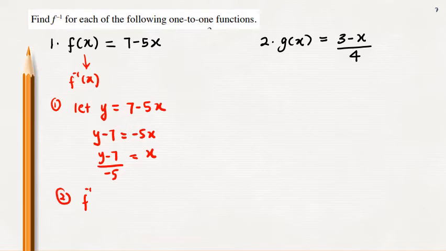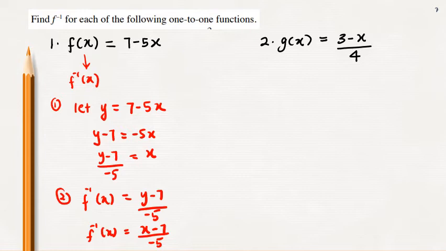So f inverse x, you kena jadikan this one y minus 7 over dengan negative 5. Oleh sebab kita punya function adalah x, y ni you kena replace dengan x. So dia akan jadi f inverse x is equal to x minus 7 over negative 5.